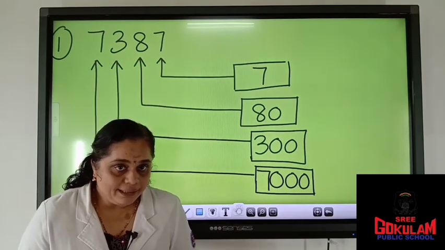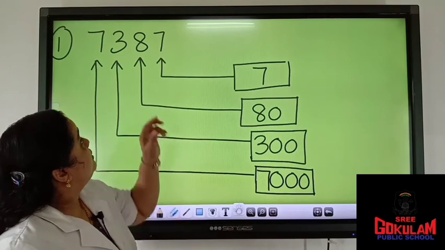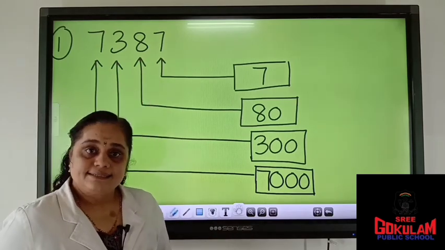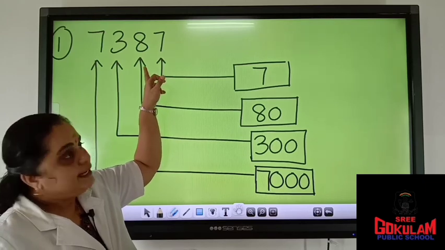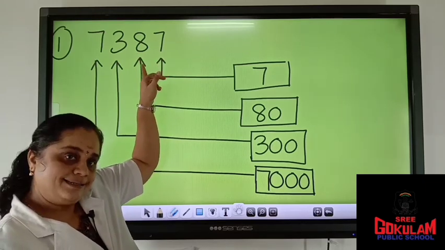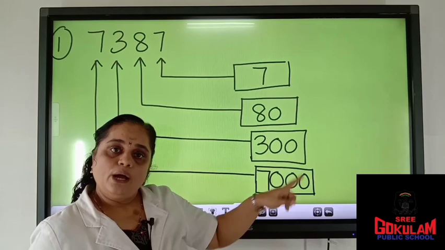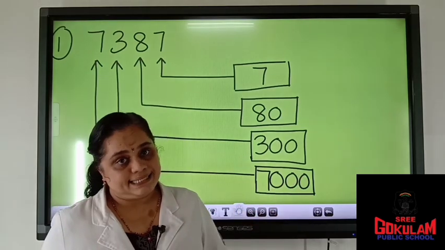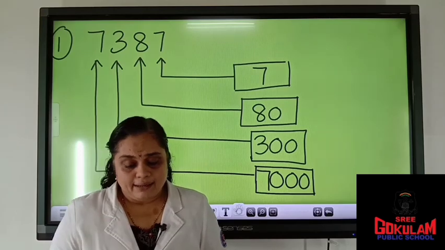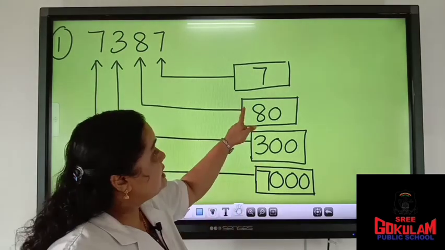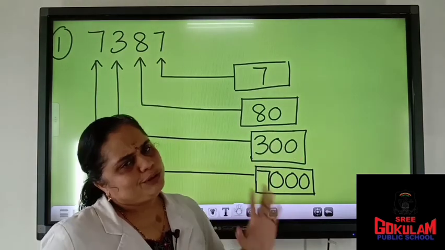For example, if in a number 8 is in the tens place, then its position is in the tens place, right? So we will write it as 80, or some people tell it as tens. No problem, both are correct. We always say 8 tens or 80, both are correct.